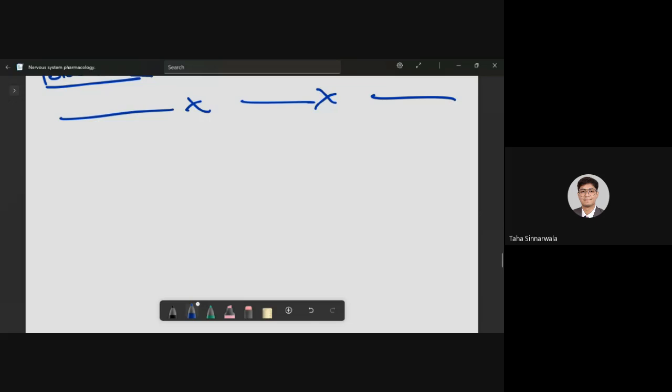Now let's go with two of the most widely used, or I mean, they used to be widely used, medications in neurology. These are benzodiazepines versus barbiturates. Now, there are multiple mnemonics that you can use to remember them. One of them works on frequency, one of them works on duration.